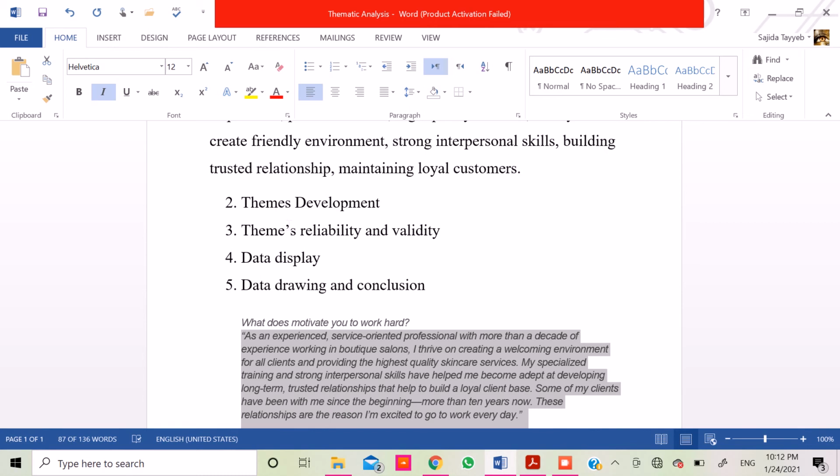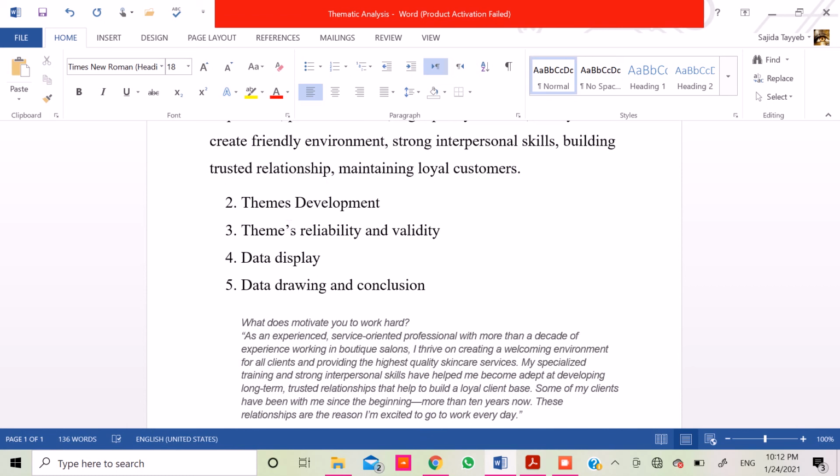So, pick up all those words that you think are relevant to the research questions and objectives. And if some of the statements have no link or no relevance to your study, there's no need to code them. Just keep in mind your research questions and objectives, and then code the relevant material from the respondent's answer. This was step one.